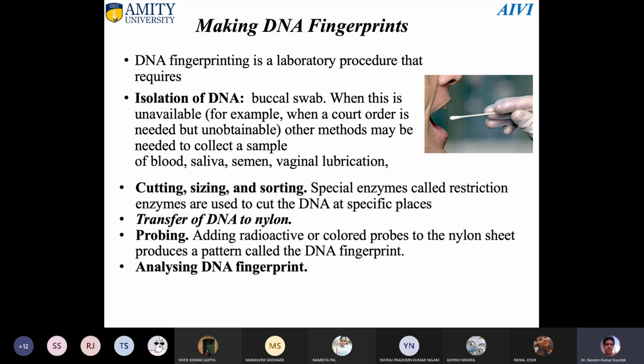So the thing is that when you are collecting a specimen that you need for DNA fingerprinting, then you cannot take any chance of contamination. What can be the contaminant? Anything from the surrounding can add to the contamination.